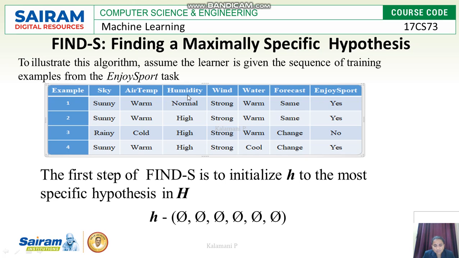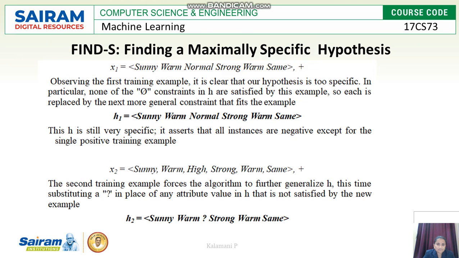Here it is specific, so h is initialized with all attribute values phi. Then x1 is sunny, warm, normal, strong, warm, same, a positive training example. So now we replace phi with sunny, warm, normal, strong, warm, same.